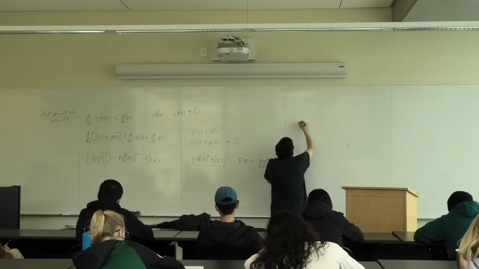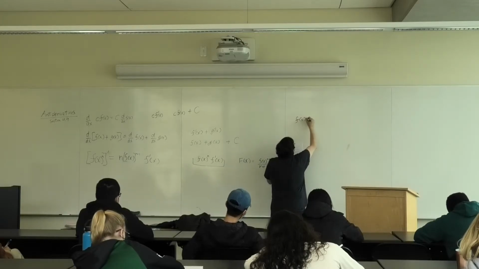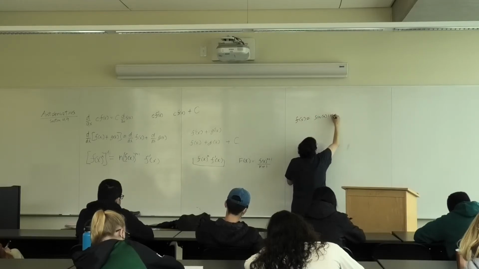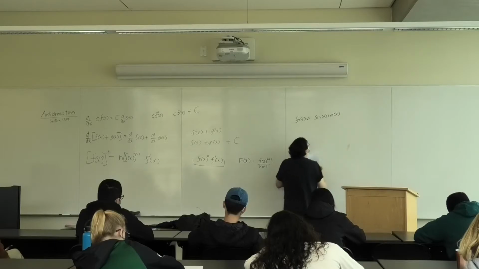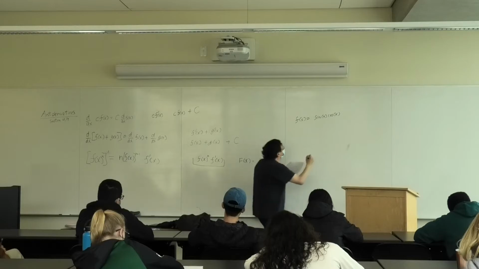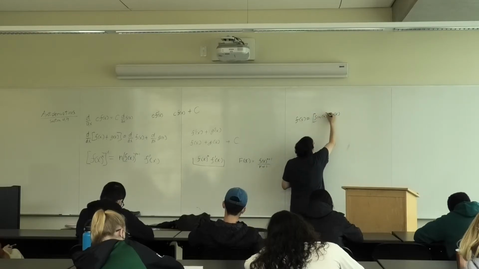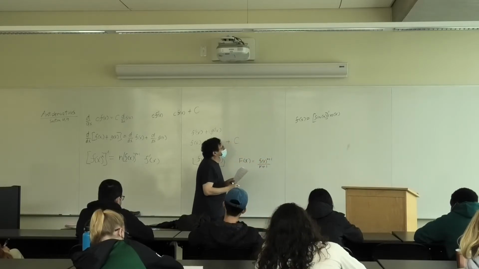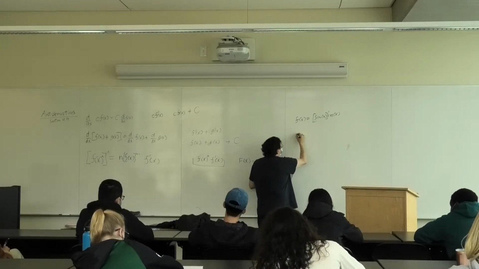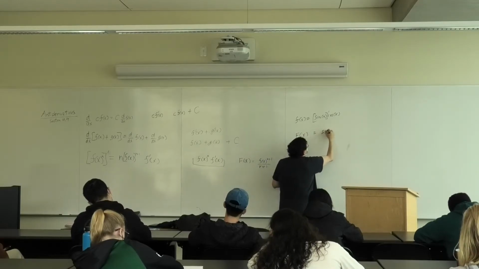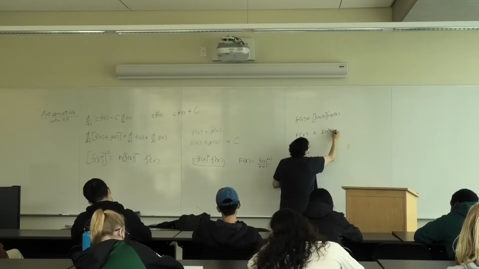Say I have some function f of x equals sine of x cosine of x. Well, if you think about that, that's like sine of x to the 1. So I'll give it a try here. Sine squared of x over 2.